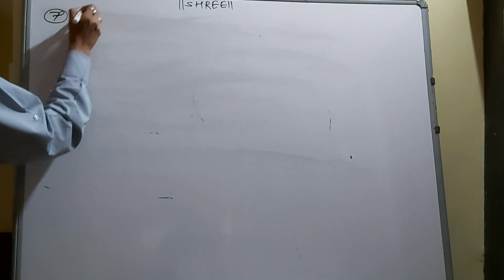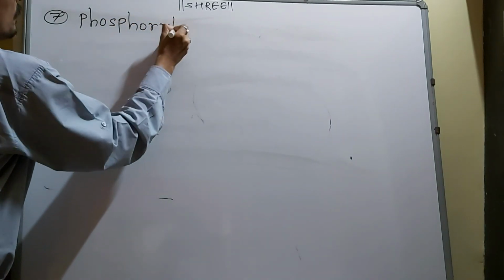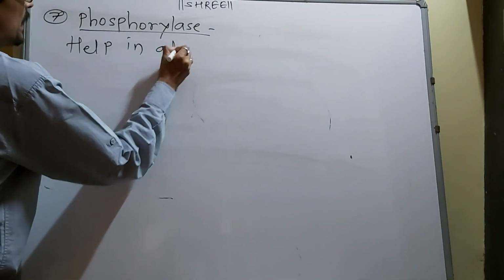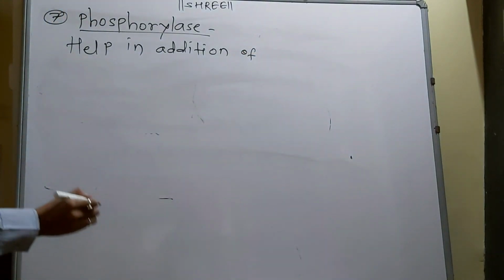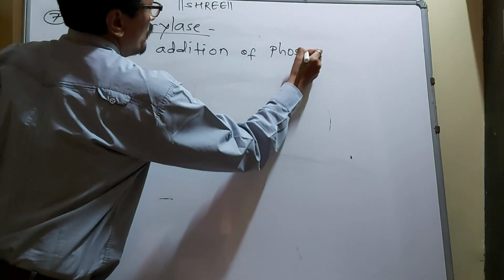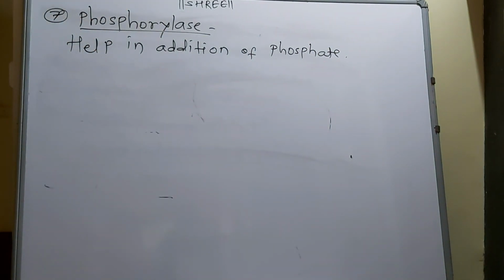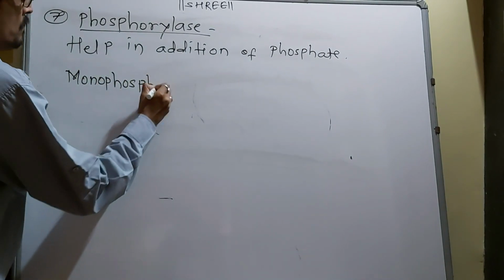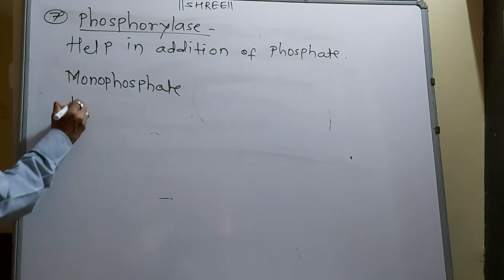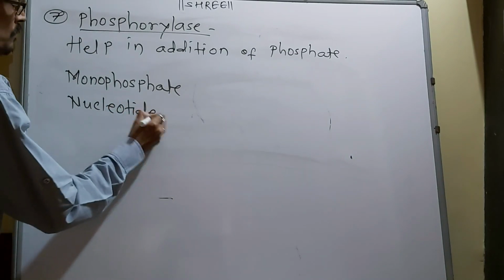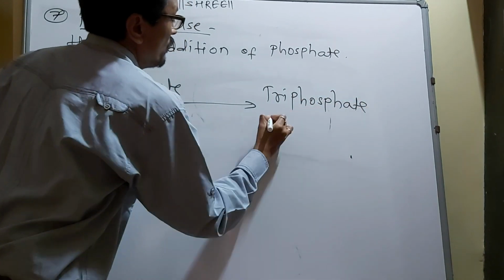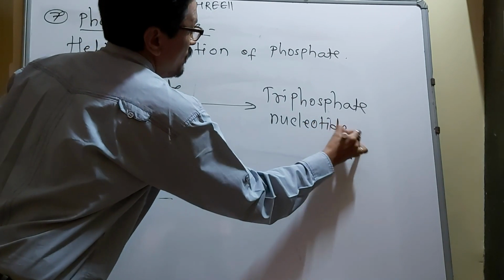The next enzyme which is associated with the DNA replication process is phosphorylase. This enzyme phosphorylase helps in addition of phosphate. It converts monophosphate nucleotides to triphosphate nucleotides.